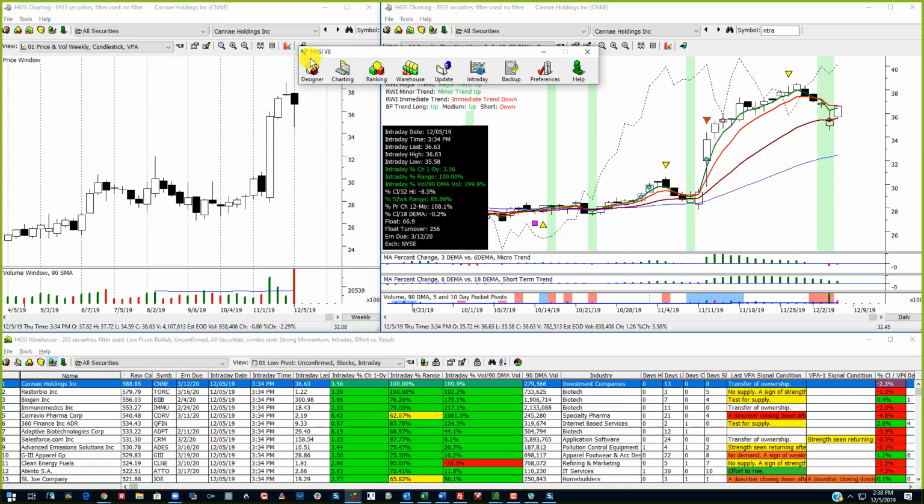Getting back to the longer term trend, you can certainly use the weekly chart and then look for entries on the daily chart. If you have determined that you're going to use the weekly chart to help you stay in a trade, that's what I would do.